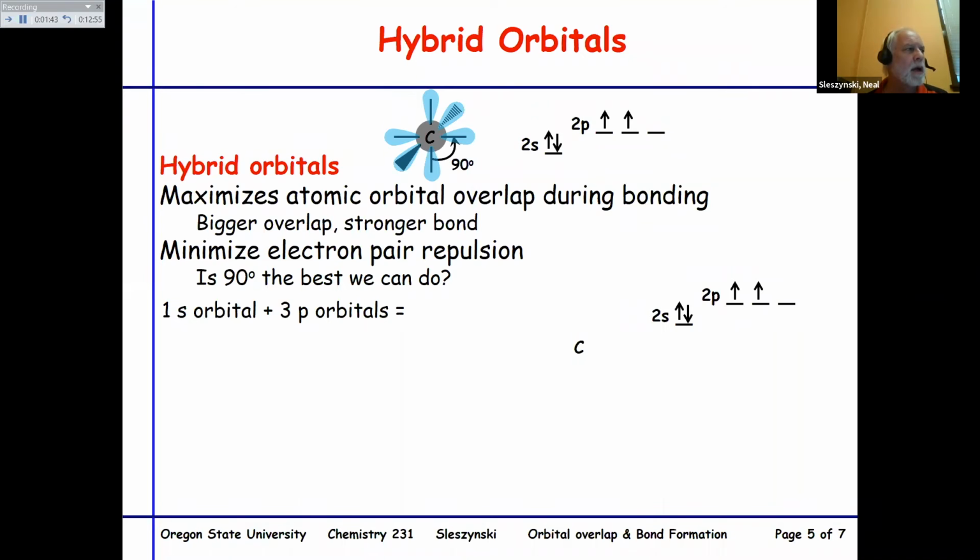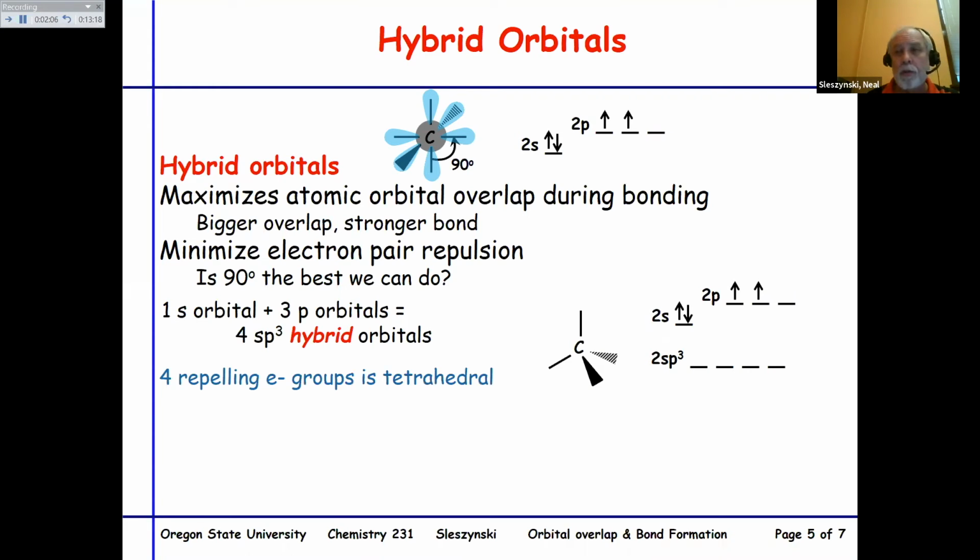If we combine our one s orbital, it's a 2s orbital, but we only have one of them, with our 3 p orbitals, if we combine those into 4 equal energy hybrid orbitals, what we find is those 4 hybrid orbitals, 4 repelling groups of electrons, end up giving us a tetrahedral structure, as opposed to a spherical structure for the s orbital, and then the 90-degree structure for those p orbitals.